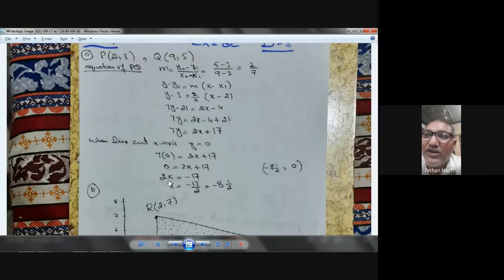So you will have 2x equals minus 17, so x will be minus 17 divided by 2, that is minus 8 whole 1 by 2. So the coordinates of the point where the line PQ cuts the x-axis are minus 8 whole 1 by 2 comma 0. That is part A of question number 17.